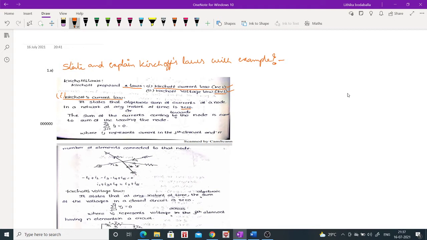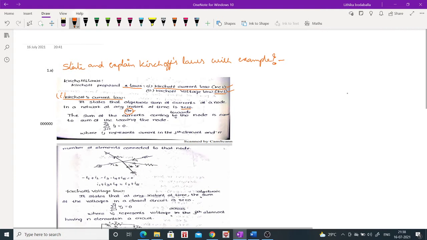Otherwise, we can define the same law in another way. That's why here I have mentioned OR. The sum of the currents coming towards the node is equal to the sum of currents leaving the node.